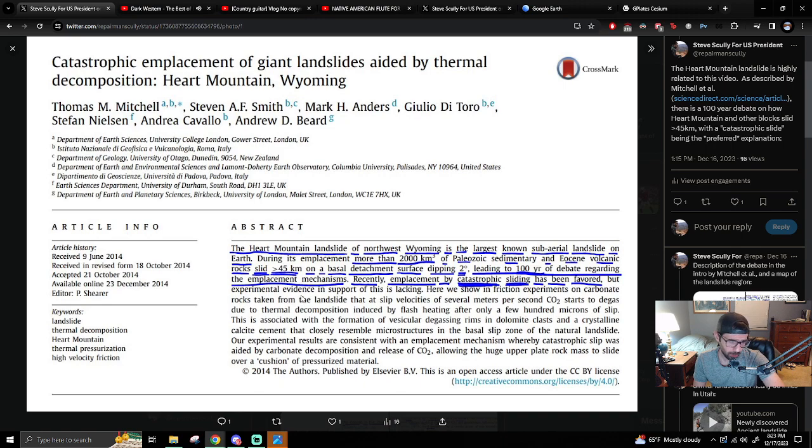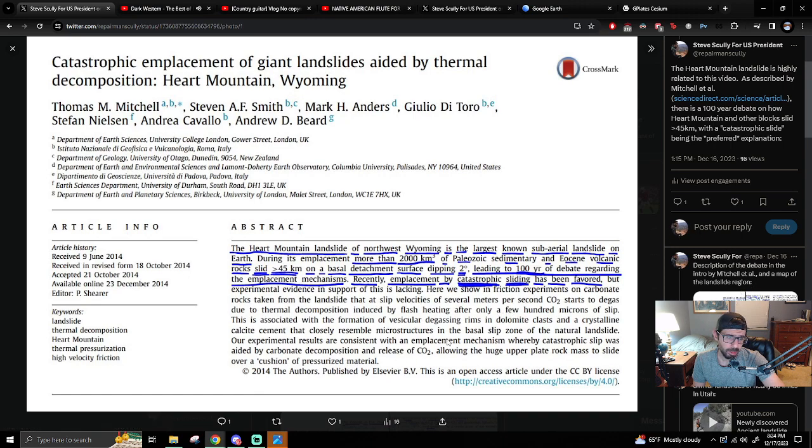And they go on to say but, because experimental evidence in support of this is lacking. This paper is experimental evidence in support of this, so they're just kind of saying the evidence is lacking, but here's some, essentially. But they're opening with this: experimental evidence in support of this is lacking.